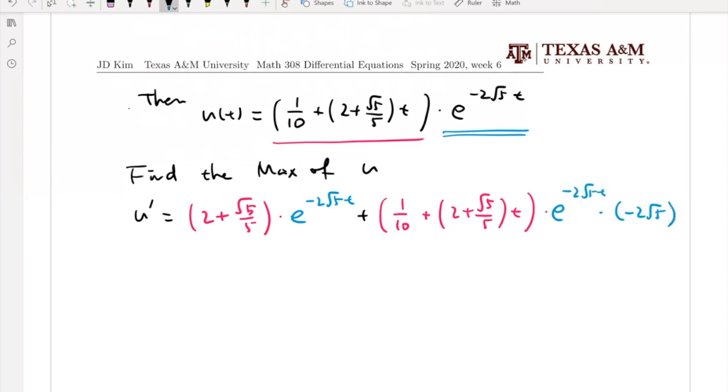And we're gonna set that equal to 0, okay? Let me write that outside.